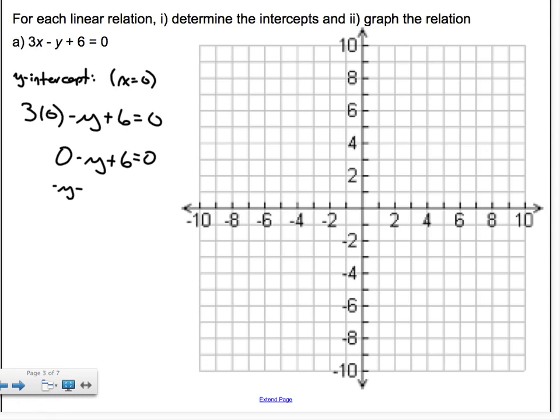So minus y plus 6 is equal to y, so 6 is equal to y. So when x is 0, y is 6. What point does that give us? Okay, but what are the coordinates? 0, 6. The coordinates always have the x and y pair, so it's 0, 6. So we'll go to our graph and plot 0, 6.